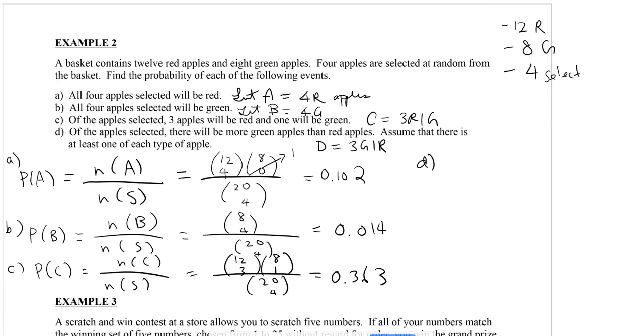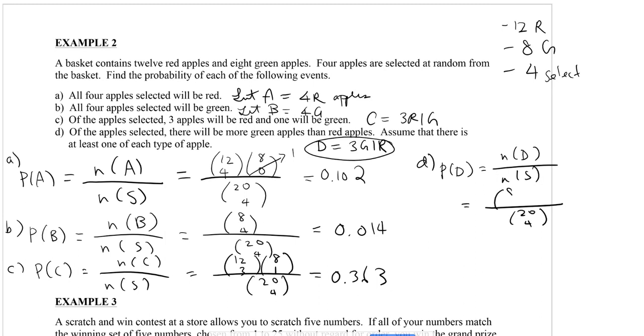Should I have 4 greens and 0 reds? Well, that cannot happen because remember, you need one of each apple. So really, this is the only outcome that we are looking for. So the probability to get D then is the sample space of D divided by all possibilities.